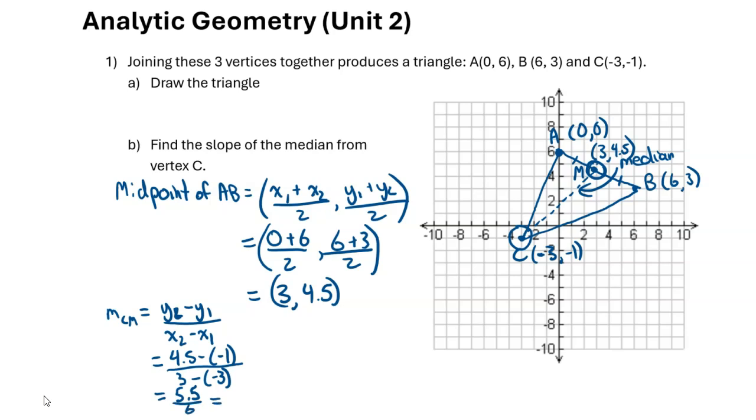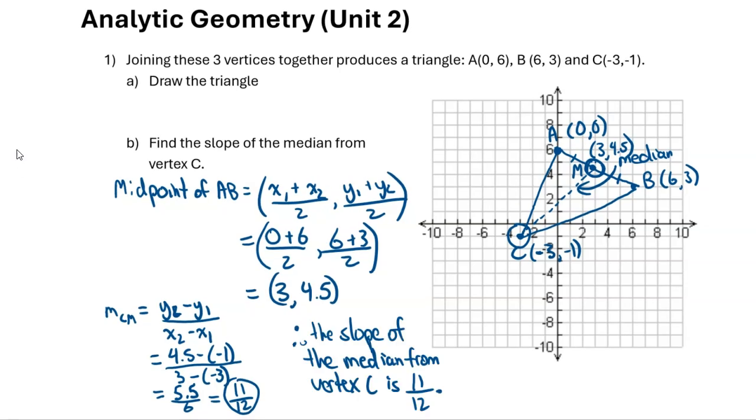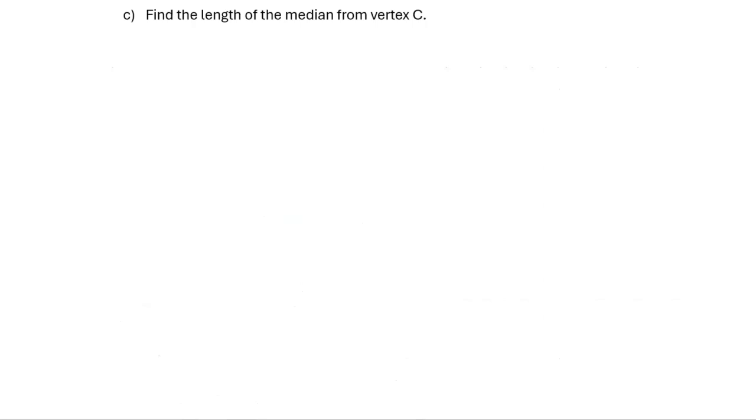And then 3 plus 3, we get 5.5 over 6. Now we can make that into a fraction that doesn't have a decimal in it. We never want a decimal in a fraction. And so we can say the slope of the median from vertex C is 11 over 12. Which if you look at that, the slope of that line looks to be about 1. So that's pretty good. Part C now says find the length of the median from vertex C.